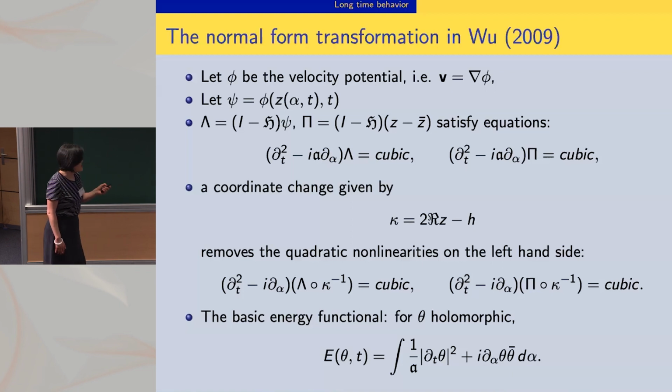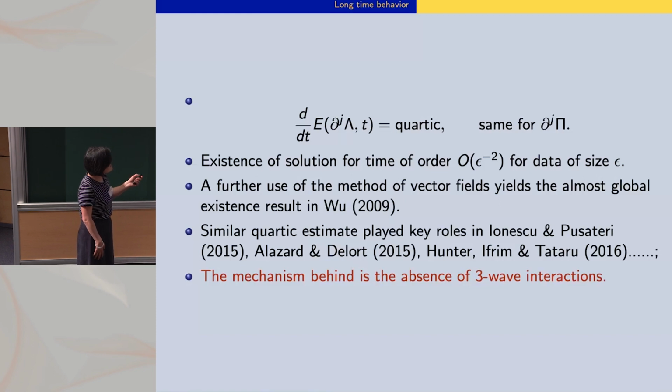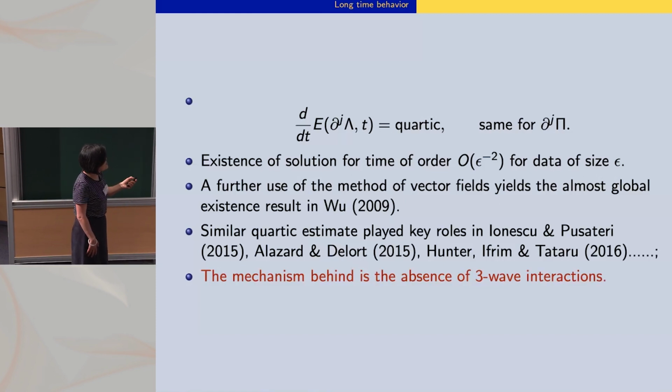Because there's no quadratic nonlinear term, you can just take as many derivatives as you want. This derivative is really just any derivative. It can be dx, can be dt, and can also be vector fields, right? So you take the derivative, plug into the equation, and then you take this energy functional, d dt will be a quartic term.